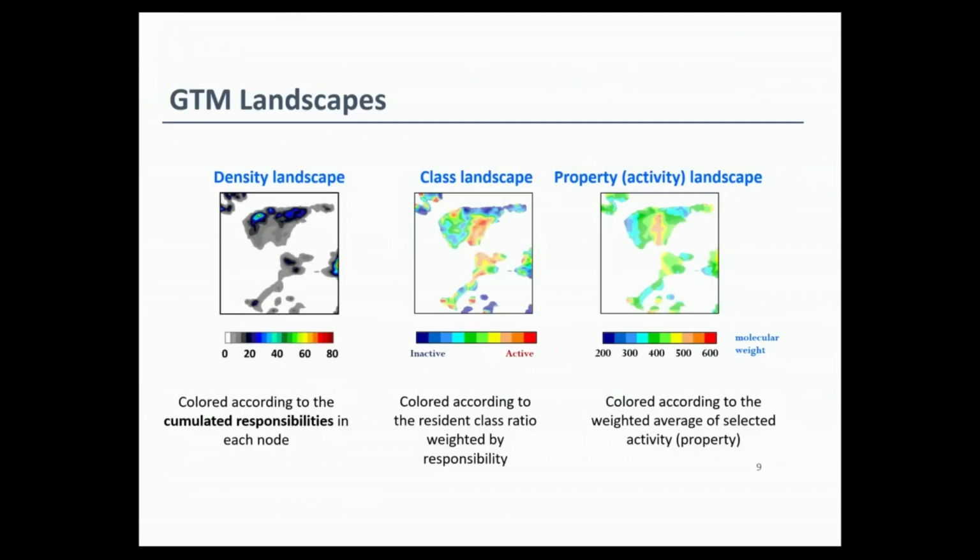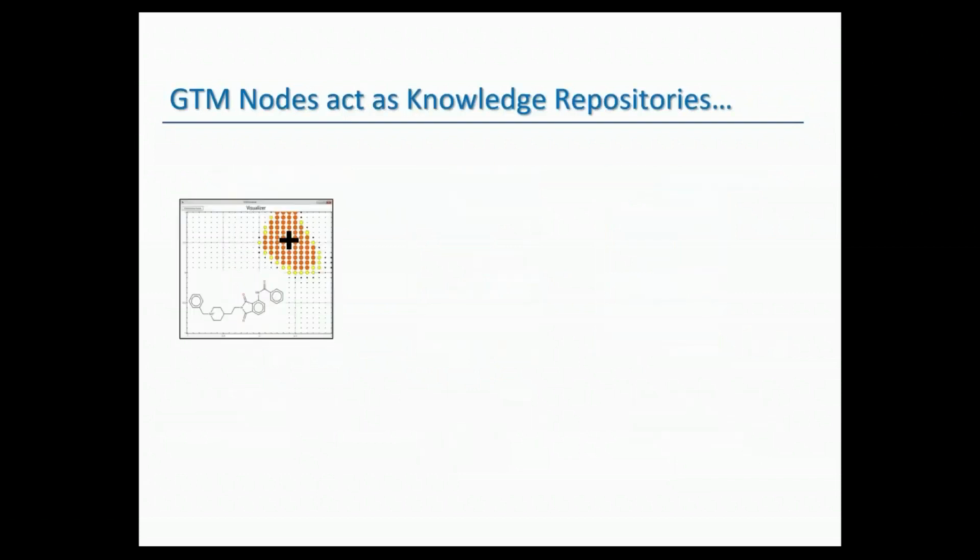See what I mean? So we have density landscapes, class landscapes. The third would be property landscapes, where you color by a continuous property such as log P or molecular mass or pIC50, you name it.